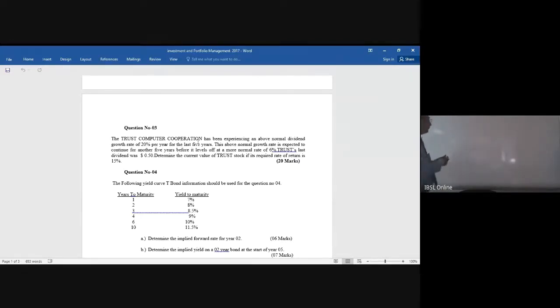Now, the dividend cash flows for the coming 5 years.